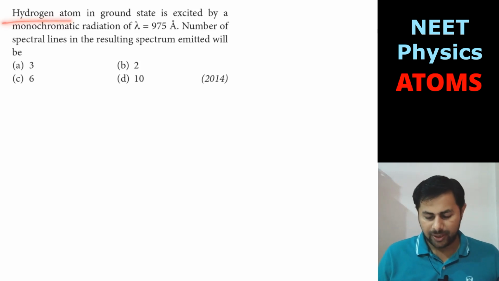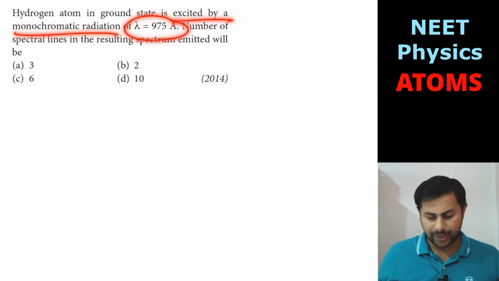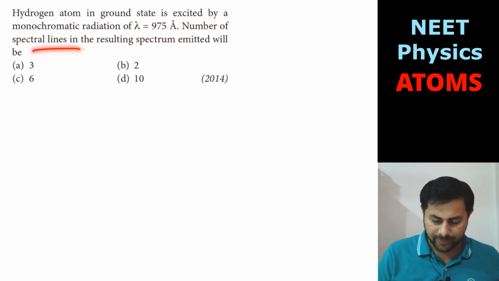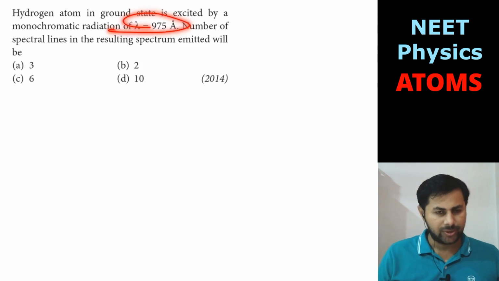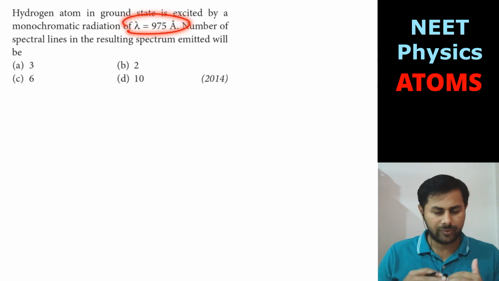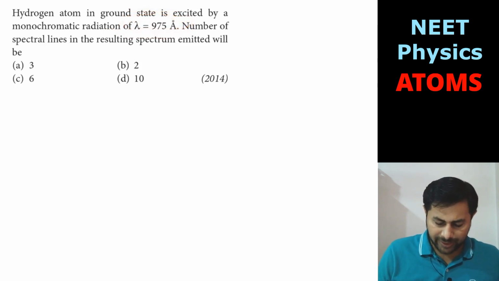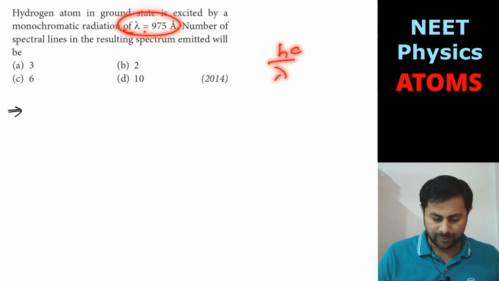Hydrogen atom in ground state is excited by monochromatic radiation of lambda equals to 975 angstrom. Number of spectral lines in the resulting spectrum emitted will be. First of all, just find out where it goes. It's in ground state and you are giving energy equals to hc by lambda, right?